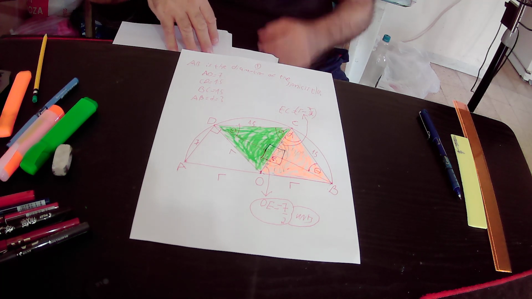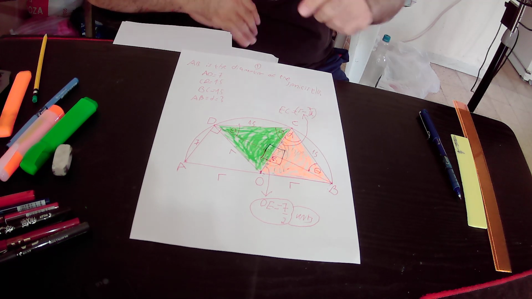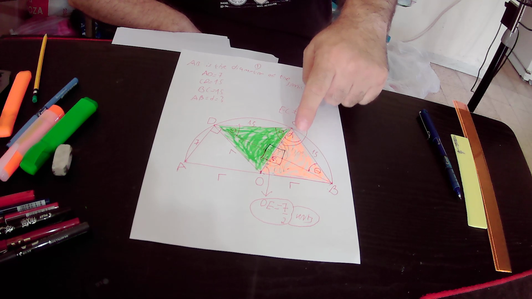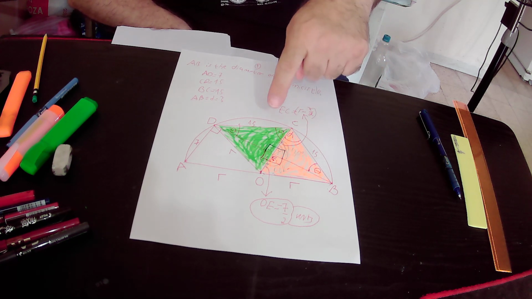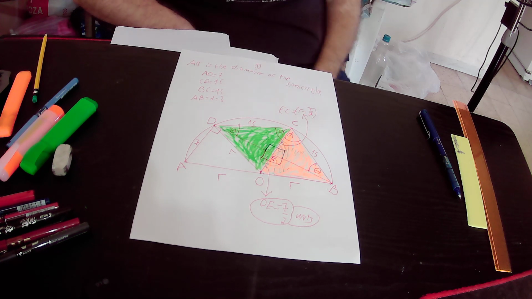So we actually proved that two sides and the angle included in the orange triangle are equal to two sides and the angle included in the green triangle.